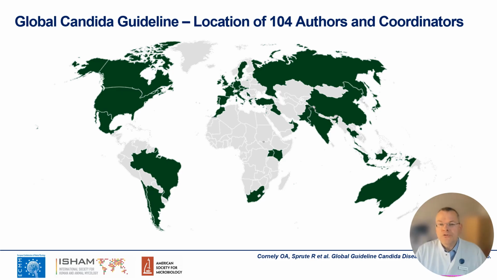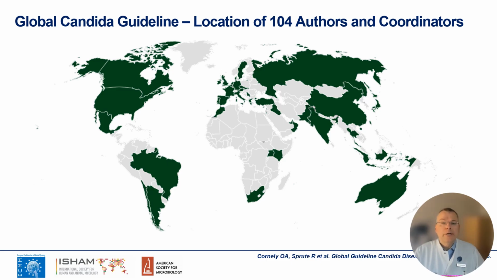The authors were located over these countries, all the countries in dark green. So we would want to improve specifically on the representation of colleagues from Africa. And we are working on this constantly. I think with the upcoming Aspergillus guideline, we are a bit better than with the Candida guideline. But all parts of the world were involved.